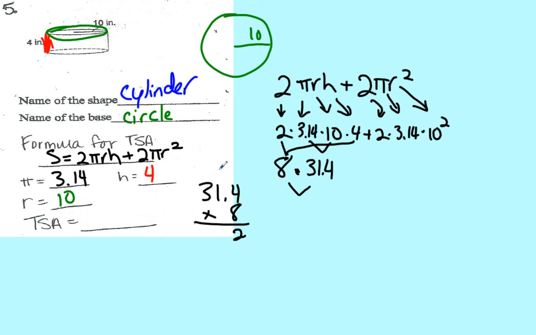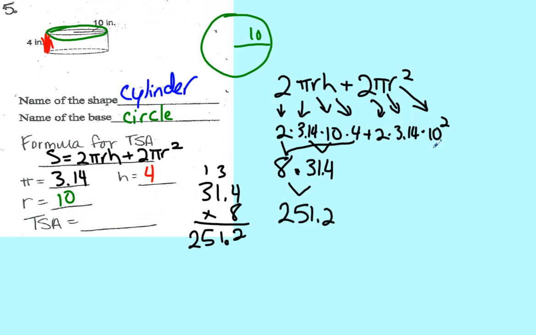So that's 2, 3, 11, 25. That looks right. One decimal place here. So that's 251.2. And again, you can multiply this however you want. I just go with what looks easiest to me.